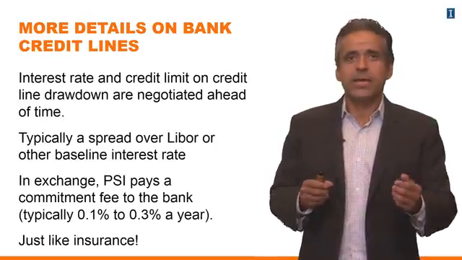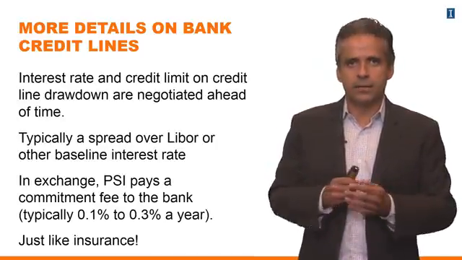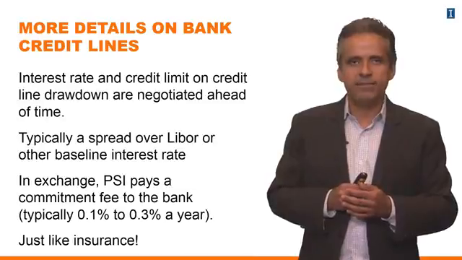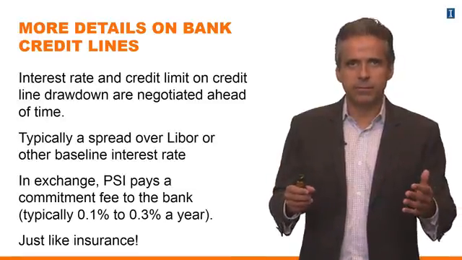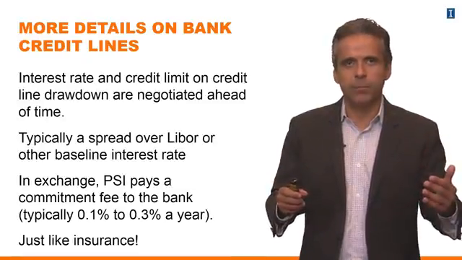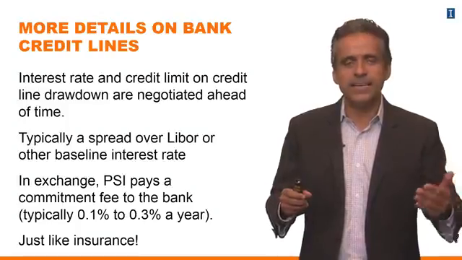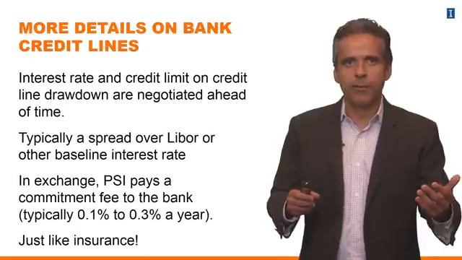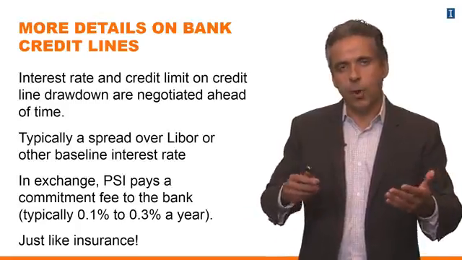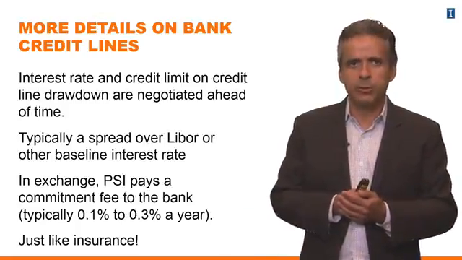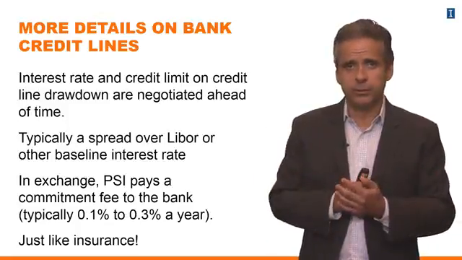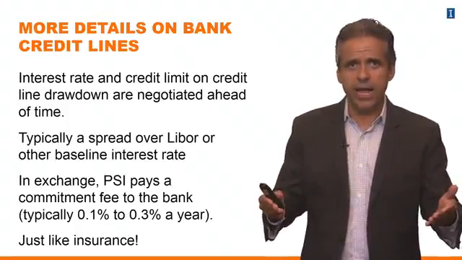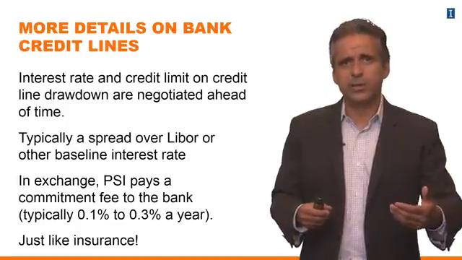A credit line, you can think of it almost like a credit card, okay? The company would have a credit limit, okay? So there is a maximum amount that you can borrow from the bank, and the interest rate is negotiated ahead of time, okay? So if a company has a credit line with a bank, you typically have a maximum amount that you can borrow at a certain interest rate, which is negotiated ahead.